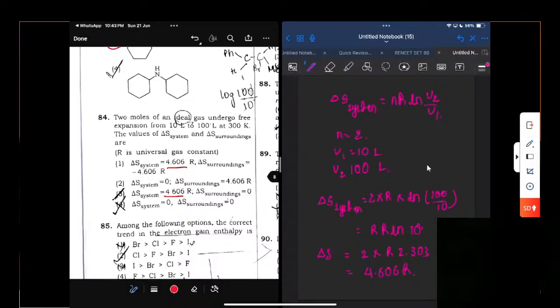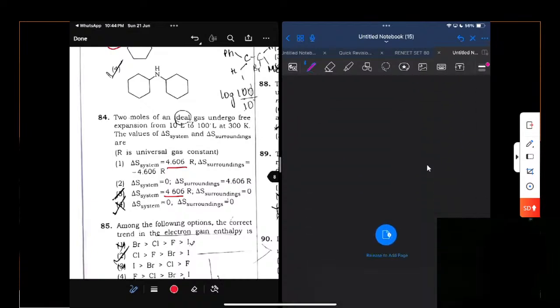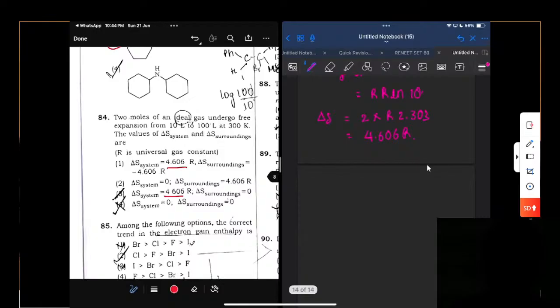So for delta S of surrounding, the expansion is taking place, and R is the universal gas constant. Since the expansion is taking place against vacuum, there is no external pressure, so work done will be 0.